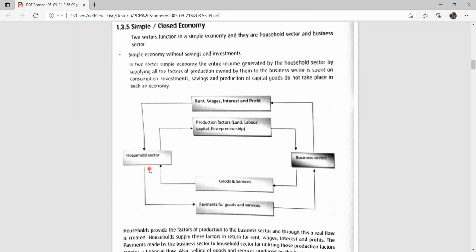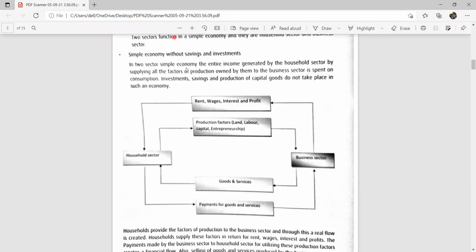The economy consists of four sectors: household, firms, government, and foreign sector. Whenever business and households exist, it is called a simple economy. This is a simple economy.